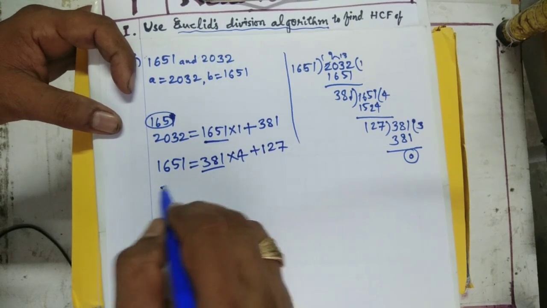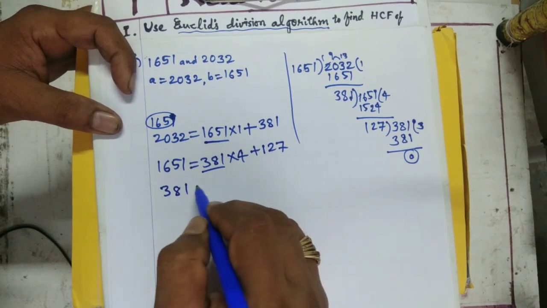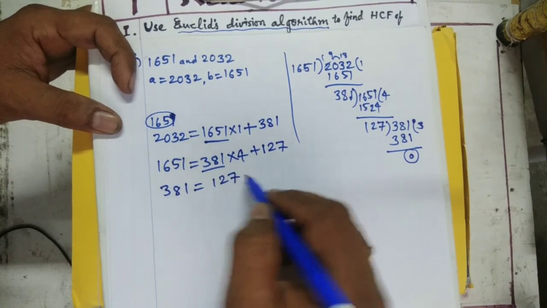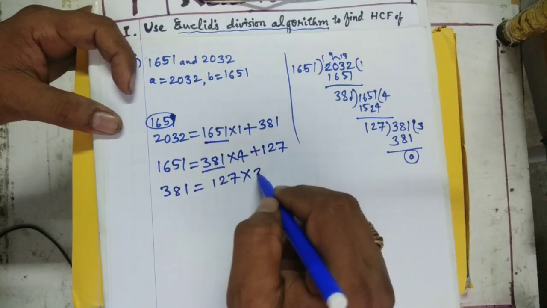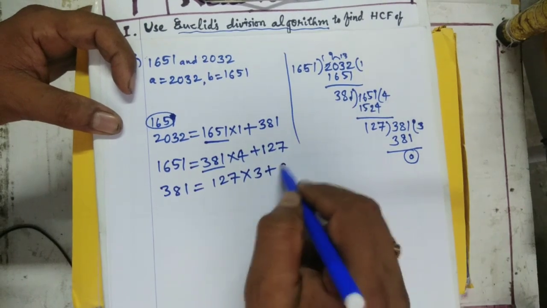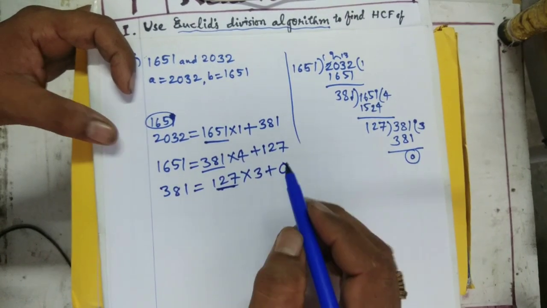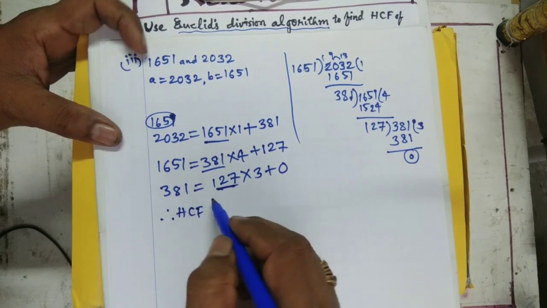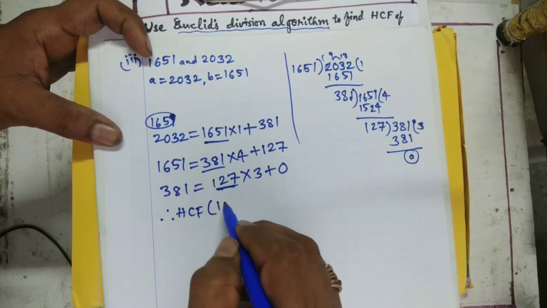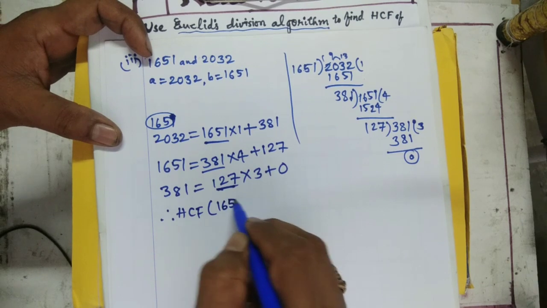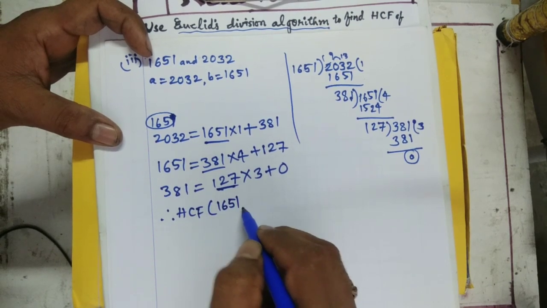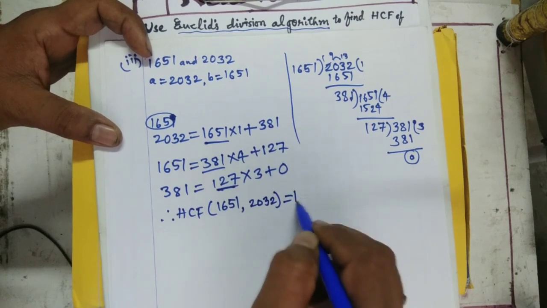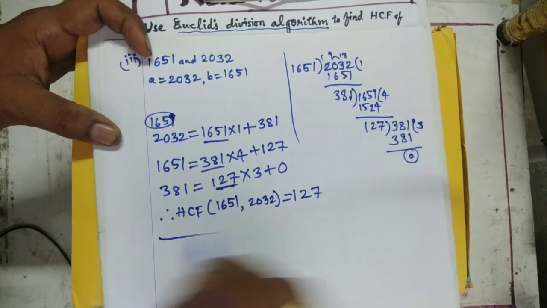Now take this 381 is equal to 127 into 3 plus 0. So this is the last divisor. Therefore, HCF of 1651 and 2032 is 127.